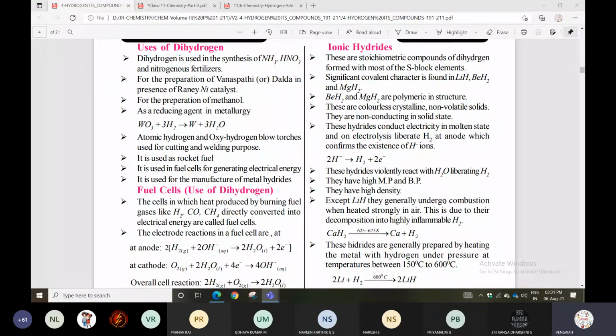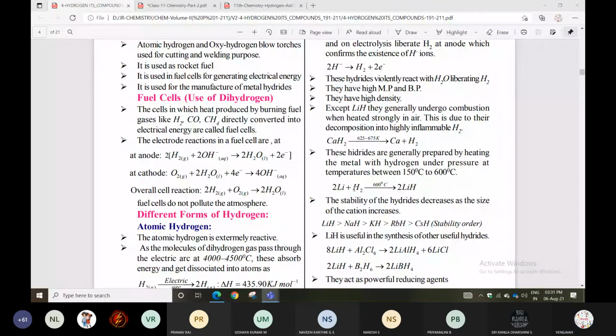These hydrides are generally prepared by heating the metal with hydrogen under pressure and temperature. Next, the stability of the hydrides decreases as the size of the cation increases.